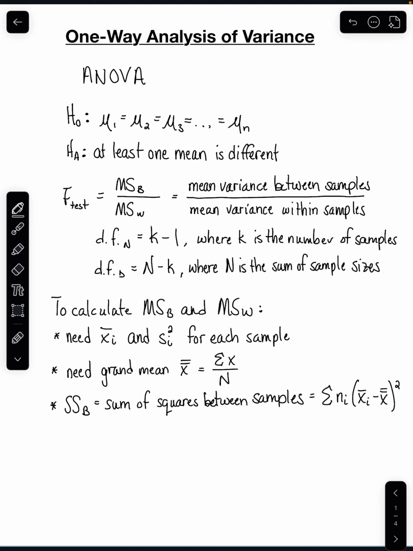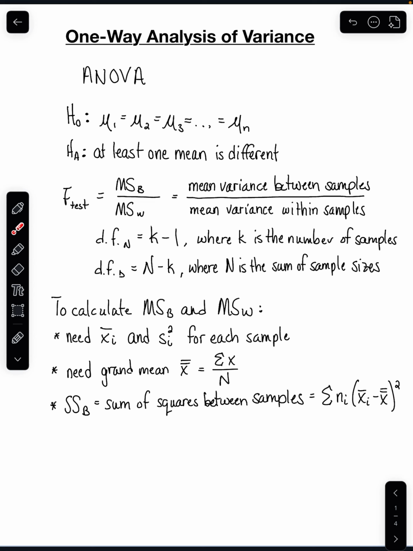So what we're doing when we take x bar sub i minus the grand mean, x double bar, is we're saying how much did this particular sample deviate from the grand mean, which is all the samples put together. How much did this one sample deviate from all the samples put together?